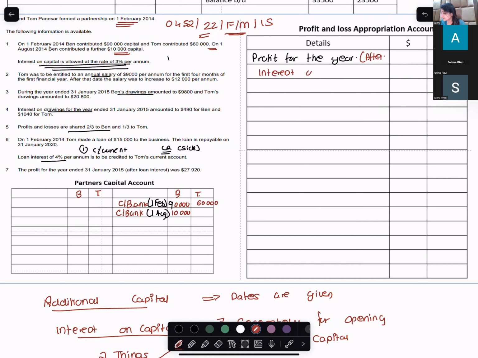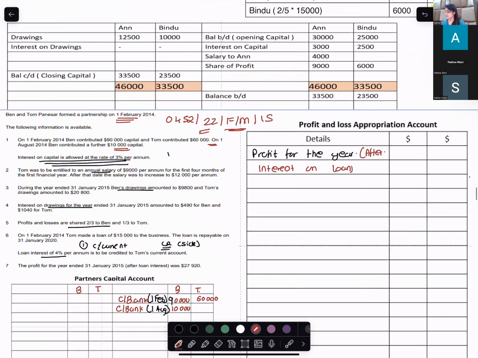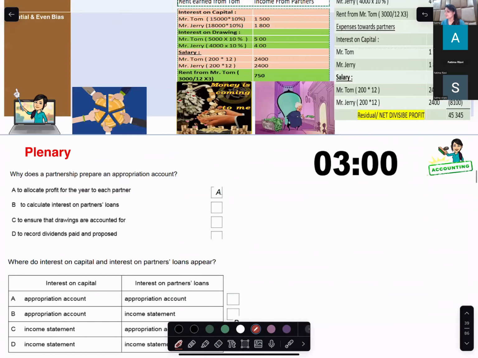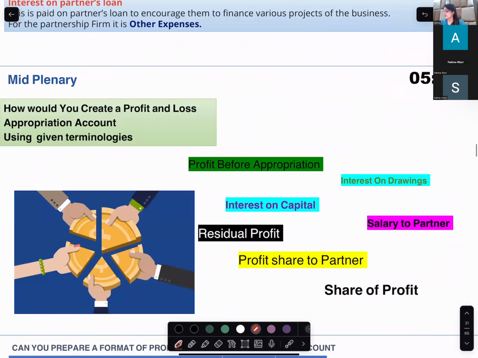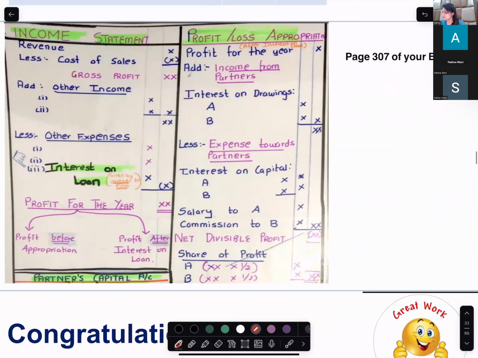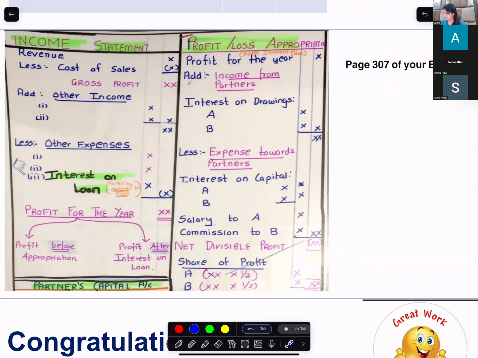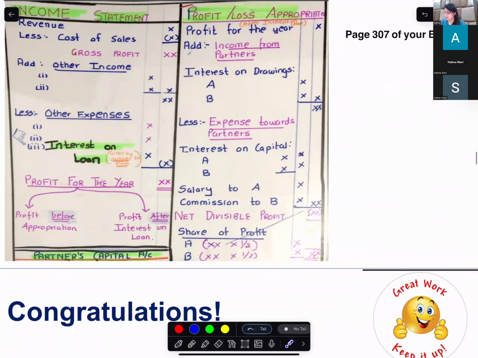It means that when you have your profit and loss account, in the gross profit you add your other income and subtract your other expenses.